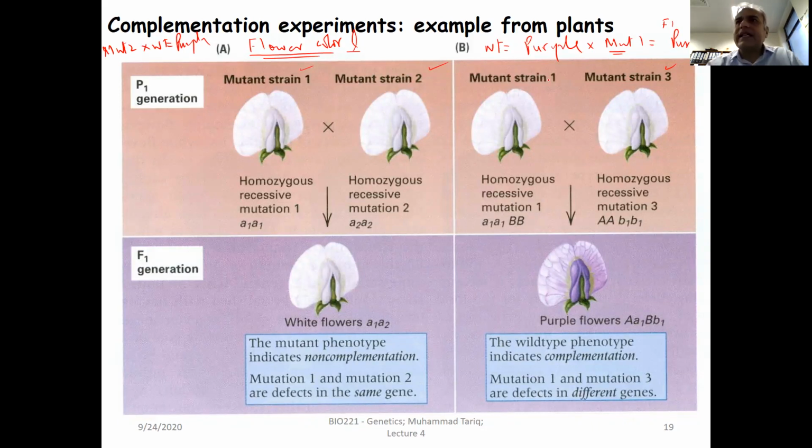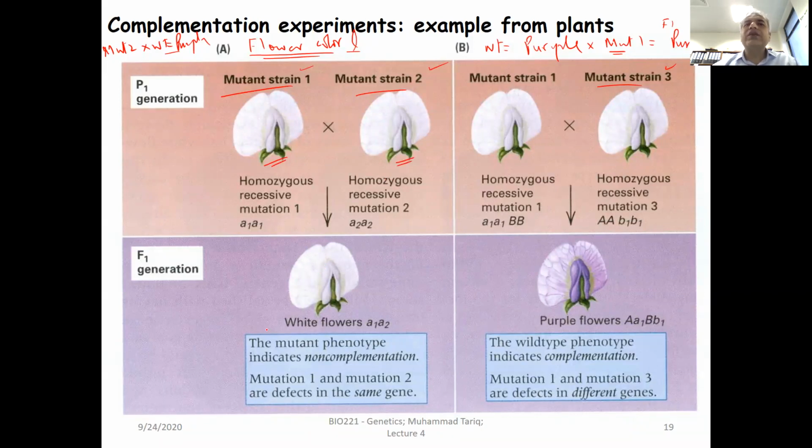So all are recessive. Now, the next thing you wonder is if mutant 1, 2, and 3, are they mutations in the same gene? Are they alleles of the same gene? Or are they independent genes? You do complementation. And the complementation test is possible because they are all recessive. So you cross mutant 1 with mutant 2.